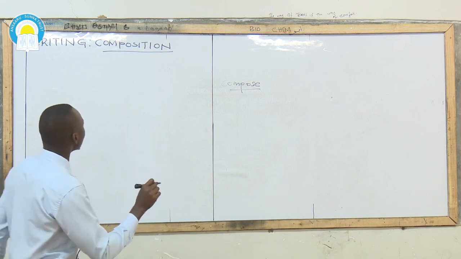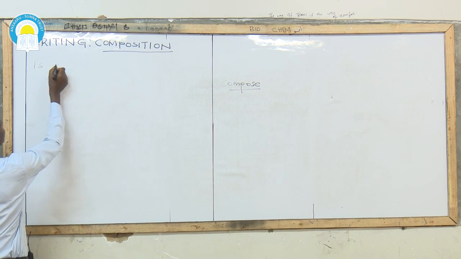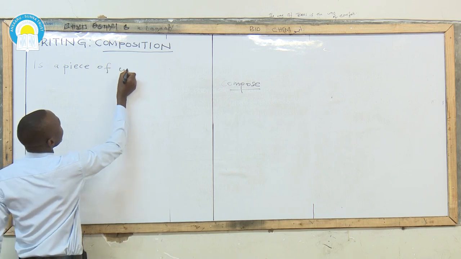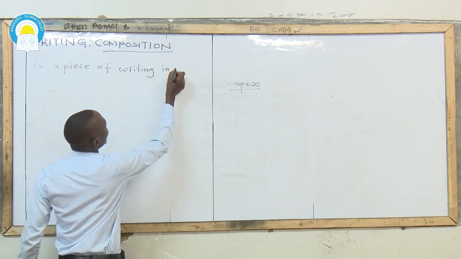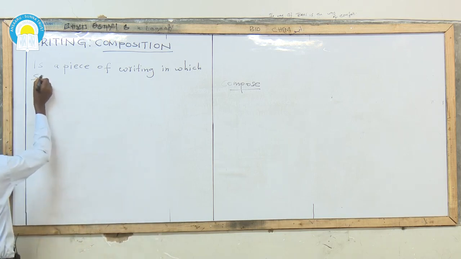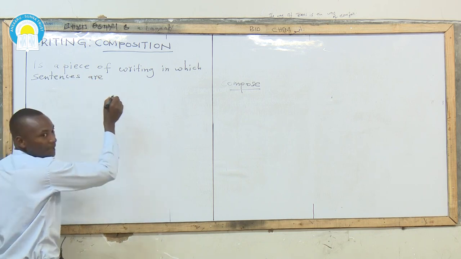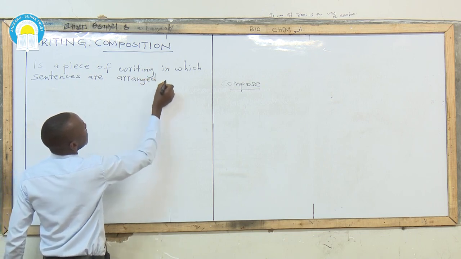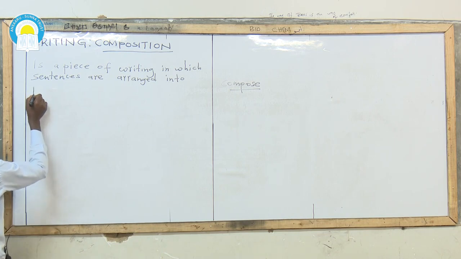Let me put that down so that you can write it. I said composition is a piece of writing in which sentences are arranged into paragraphs.